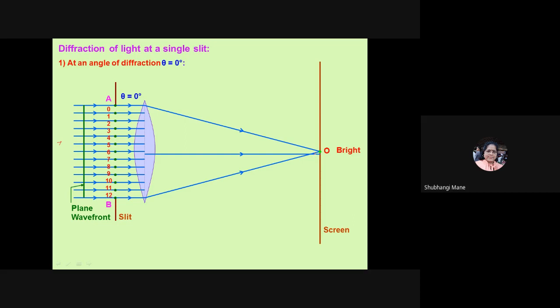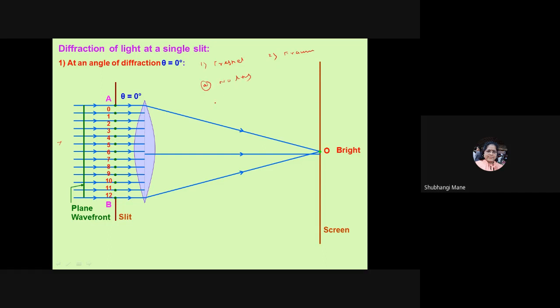In Fraunhofer's class of diffraction, what is the difference? Here, the distance between the source to the obstacle or slit is infinite. At the same time, the distance from the obstacle to the screen is infinite. Let us revise the thing. There are two classes of diffraction: Fresnel's class of diffraction and second, Fraunhofer's class of diffraction. For Fresnel, the first difference, no lens system is required.